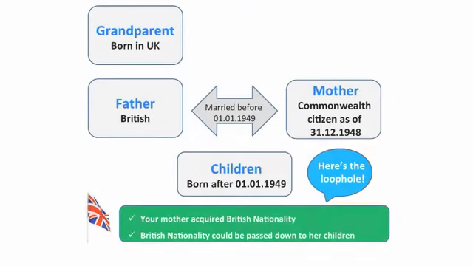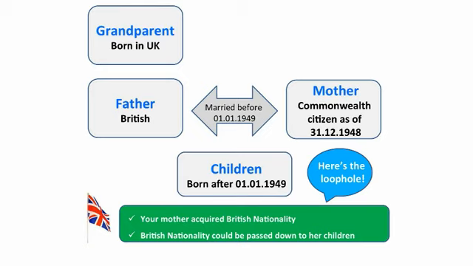So we've had acquisition of UK citizenship through residence, through birth, through descent, and now we're looking at British nationality through marriage. With this slide, we have an example of this. The mother is married to the British father before 1949. She's a Commonwealth citizen.